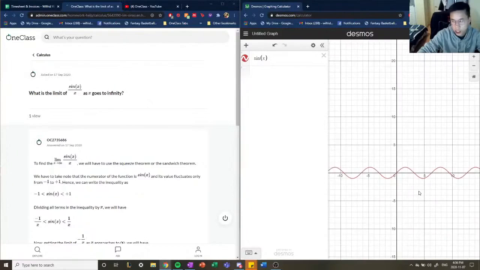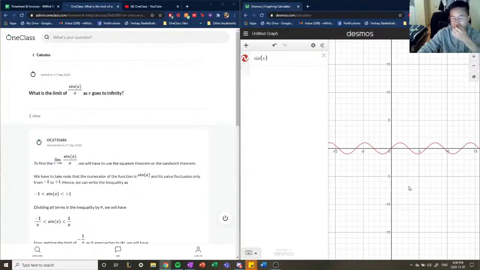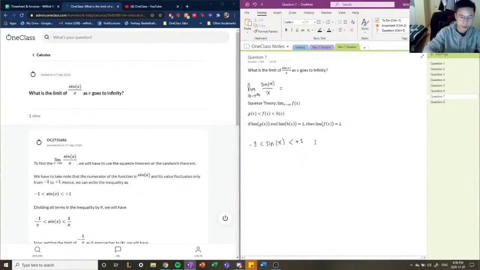There's never like sine x equals -5 unless you have some alterations to it. Okay, so we know that for a fact. So what if we divide everything in our inequality here by x? So what do we get? I'm not going to have a plus here. It's kind of redundant.